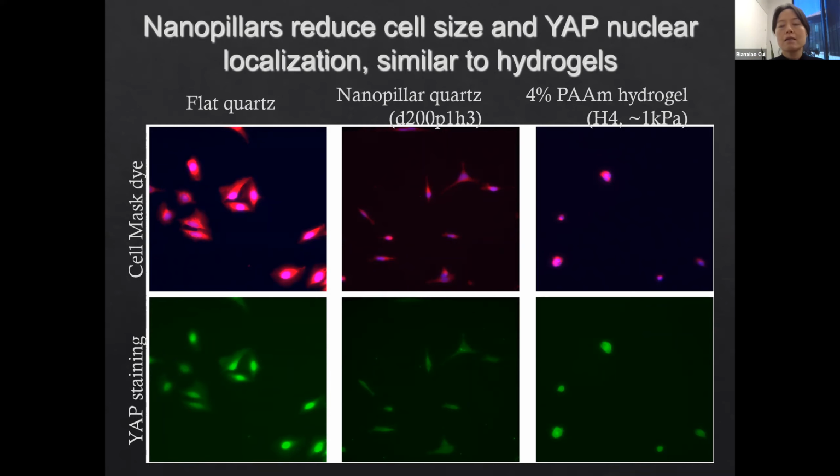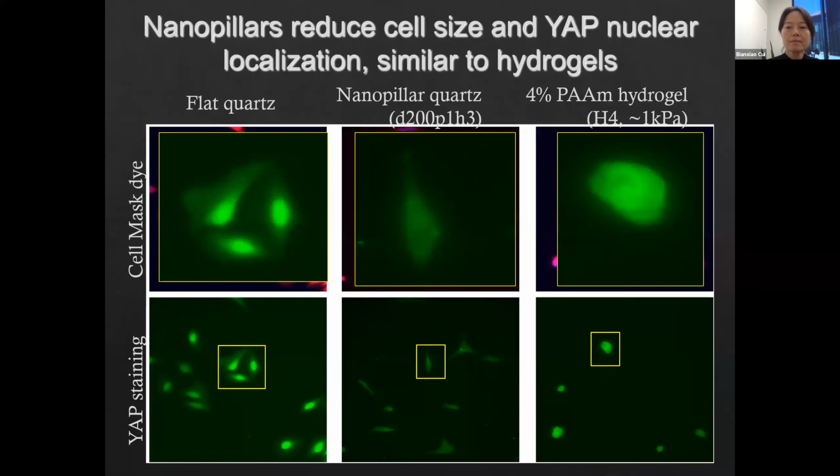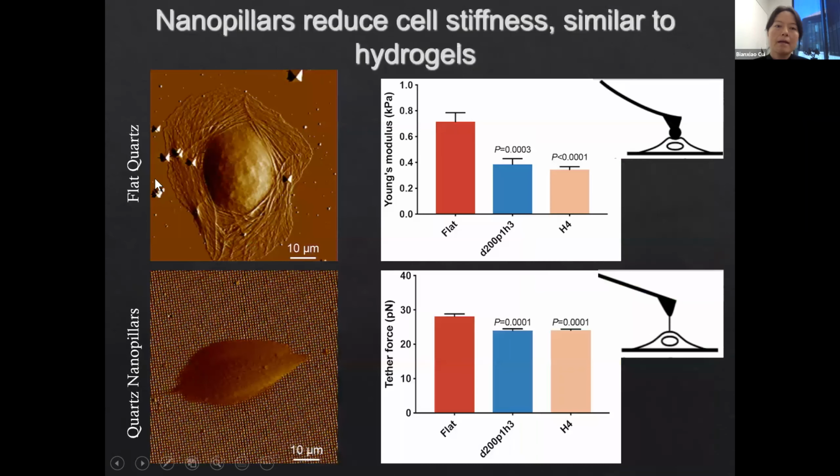The cell actually seems much softer than the cell on the flat substrate. This is a zoom out. You can see YAP is more uniformly distributed, while on the flat substrate YAP is more in the nucleus. And we are using AFM, atomic force microscopy, to directly measure the cell stiffness, the apparent cell stiffness.